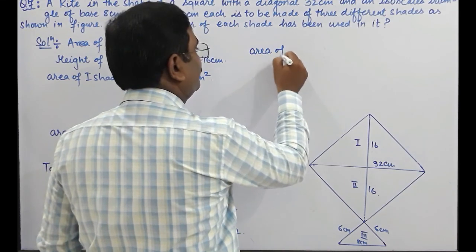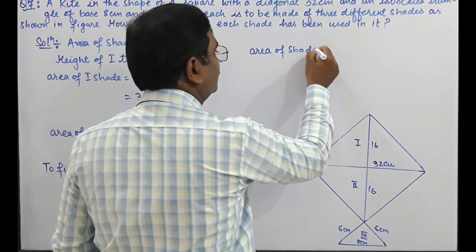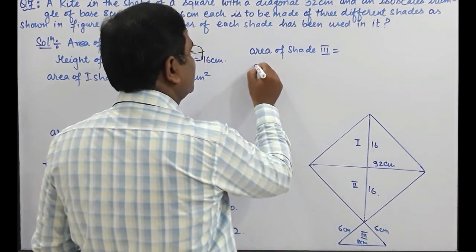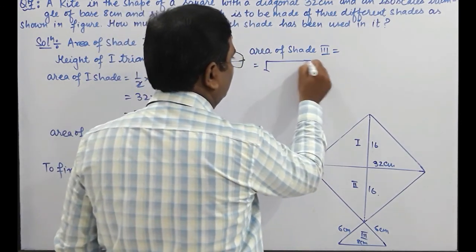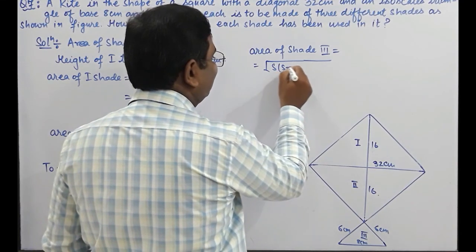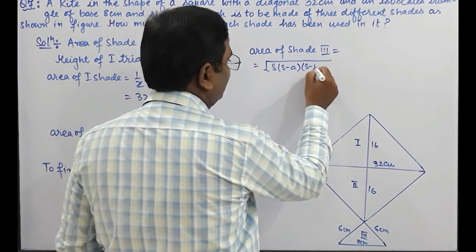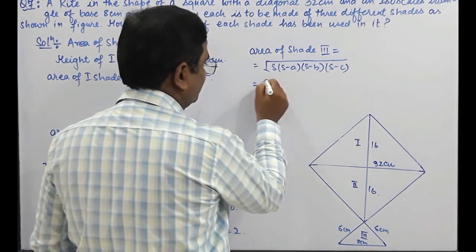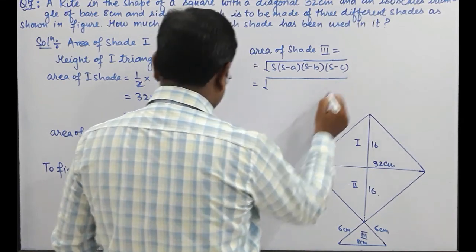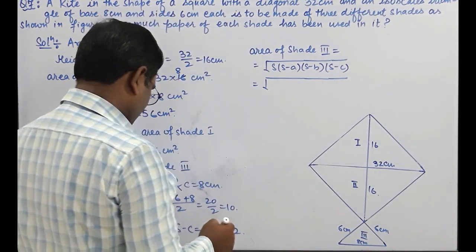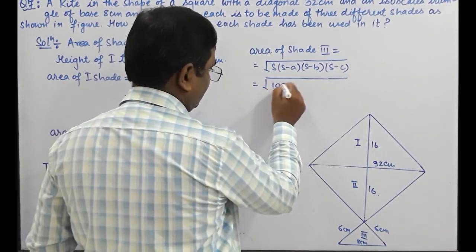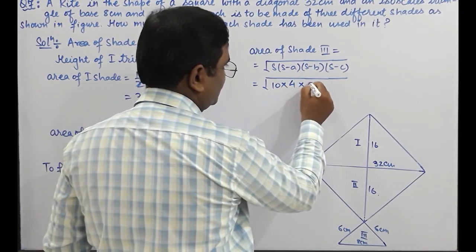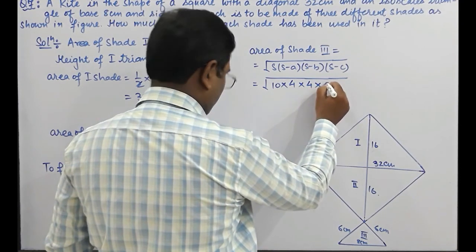So the area of the third side, by using Heron's formula, equals under root s times s minus a, s minus b, s minus c. Substitute the values. s is 10, multiplied by s minus a is 4, s minus b is also 4, s minus c is 2.